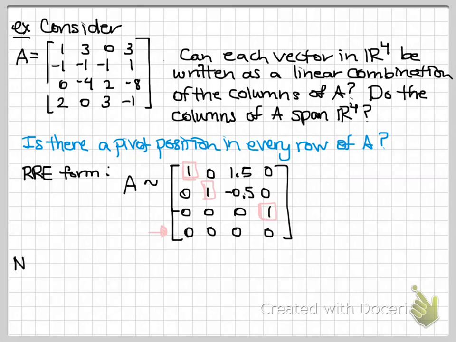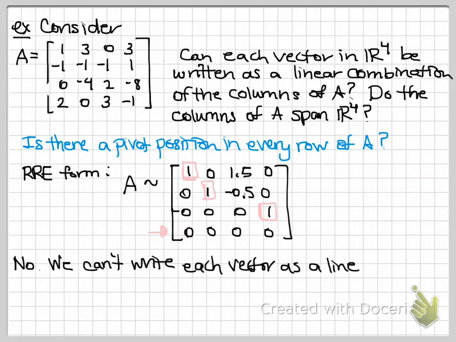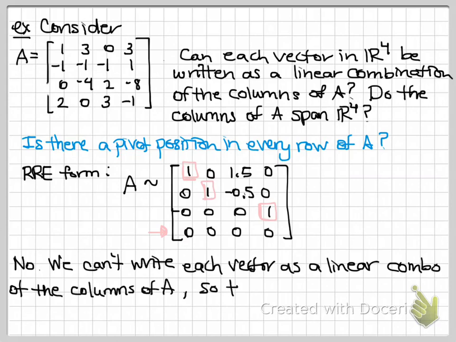So what can we conclude? Well, we can conclude that no, we can't span R4 with the vectors in A. We can't write each vector as a linear combination of the columns of A. So the columns do not span R4.